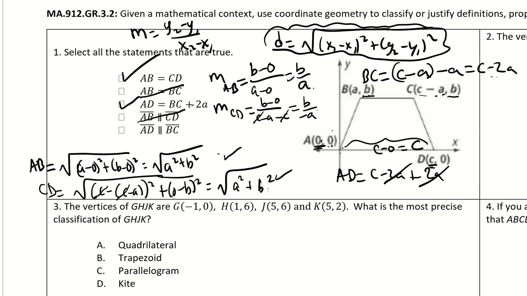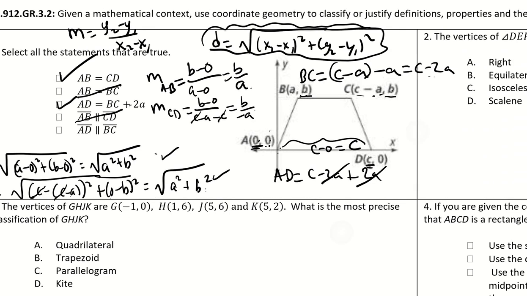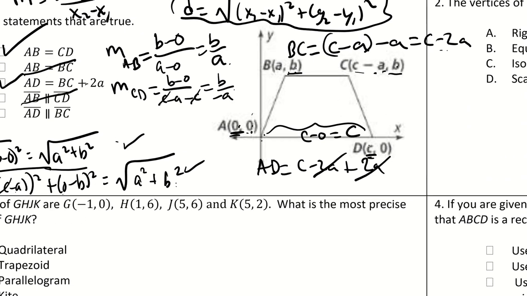Okay, next we're going to determine is AD parallel to BC. Well, notice that this line is flat, so the slope is 0. And you can determine that easily. So the slope for AD, if you subtract the y coordinates, is 0 minus 0 divided by c minus 0. And 0 divided by anything is 0.